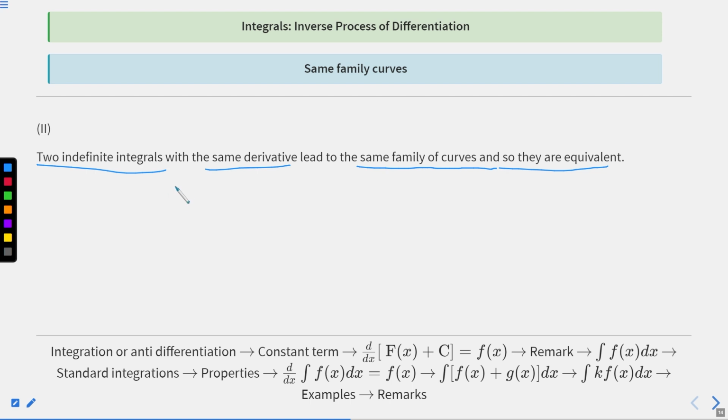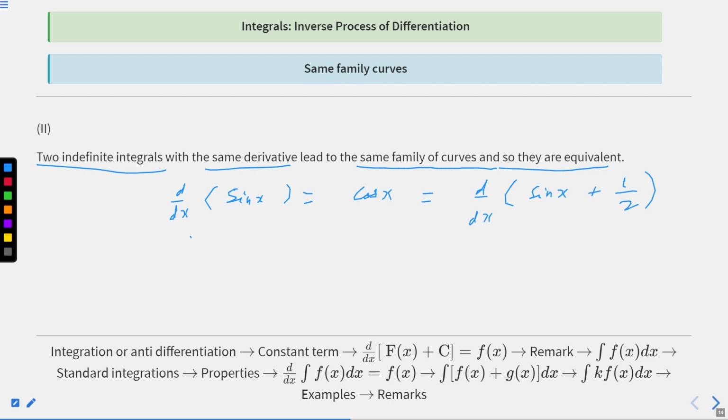As you just saw, differentiation of sin x gives you cos x, and this is the same answer for differentiation of sin x plus 1 by 2. Yes, you will get the same answer. So in this sense they will have the same family of curves.